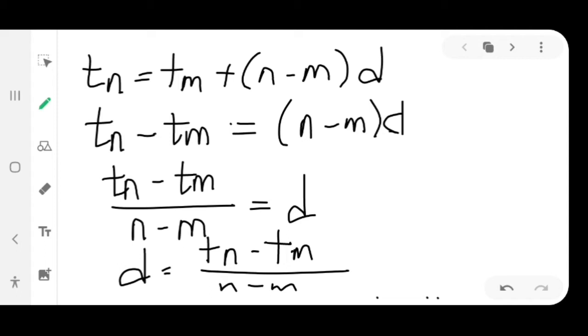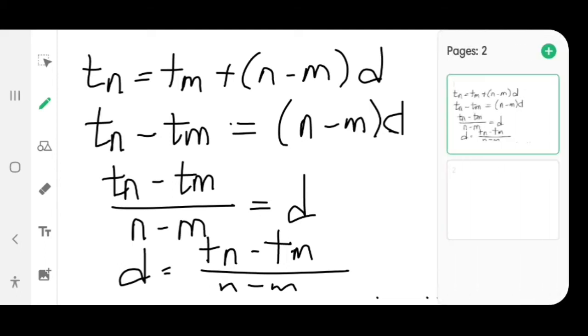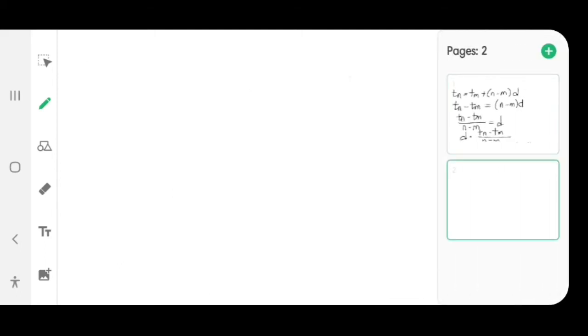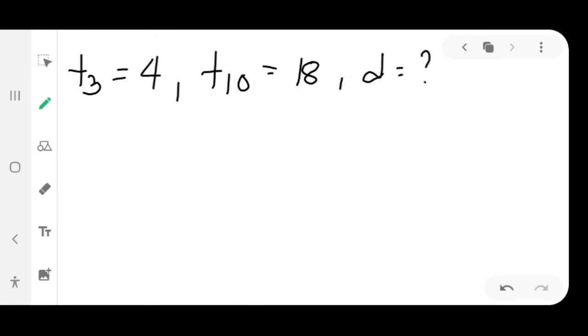Now let us solve for the common difference of this arithmetic sequence. The third term is 4. The 10th term is 18. So we are going to look for the common difference.